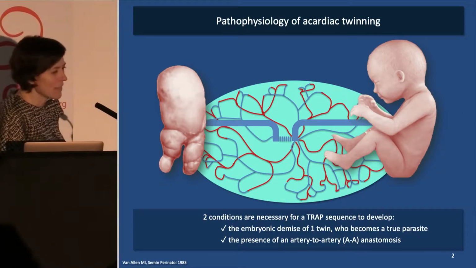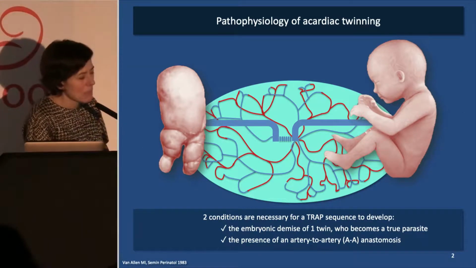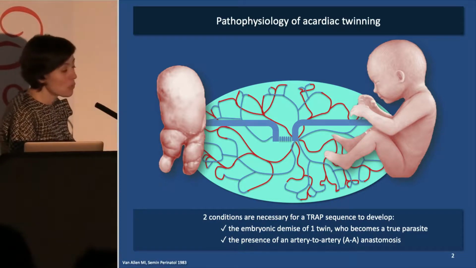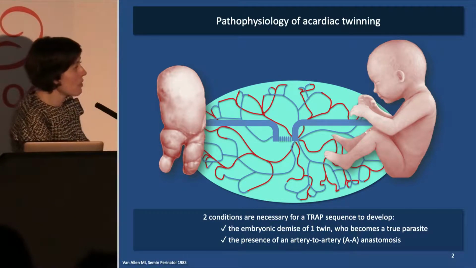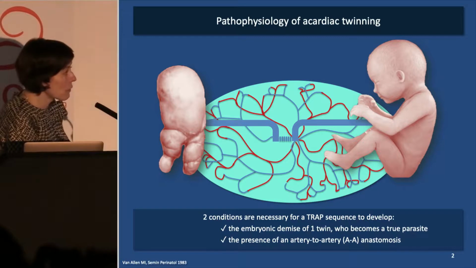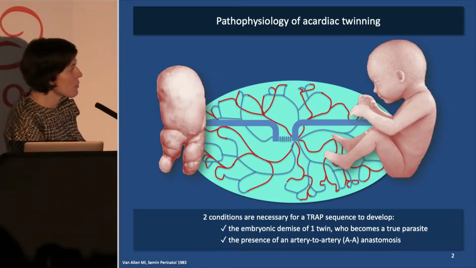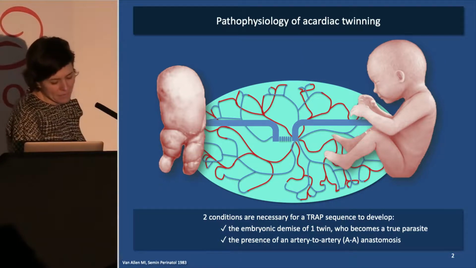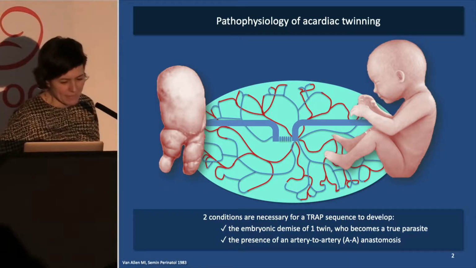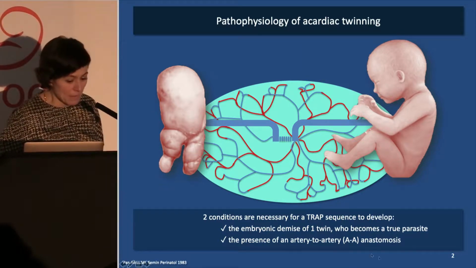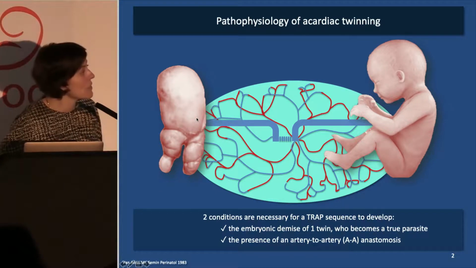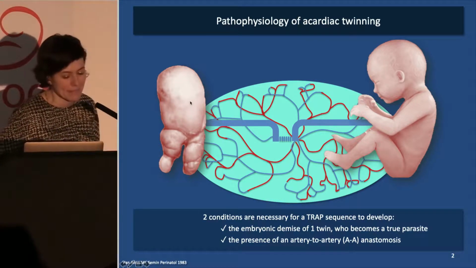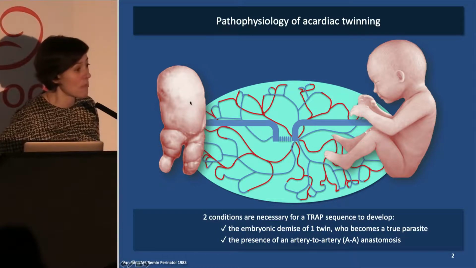Now, acardiac twinning is unique to monochorionic twin pregnancies because there are two conditions that are necessary for TRAP to develop. You have to have the early demise of one of a monochorionic twin pair, and that baby then becomes a true parasite. In a dichorionic setting, when you have two separate placentas and one of the babies dies, this becomes a vanishing twin syndrome.